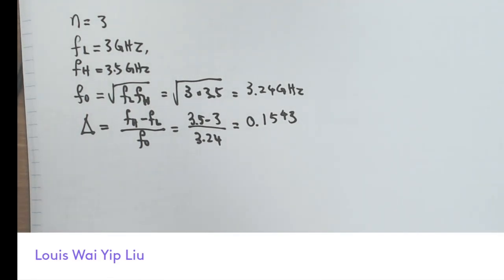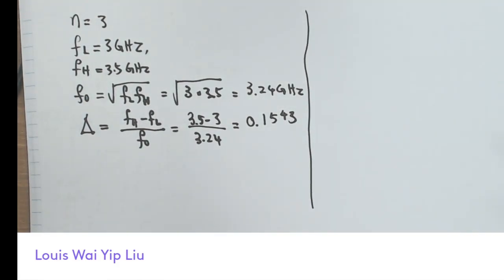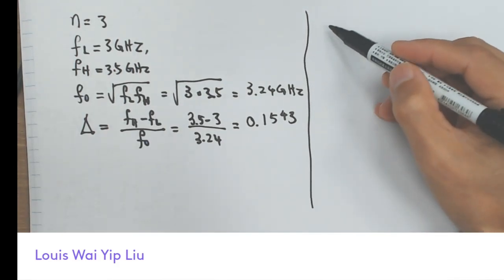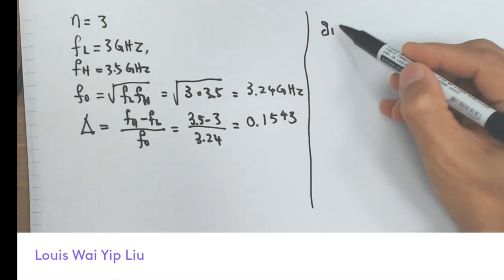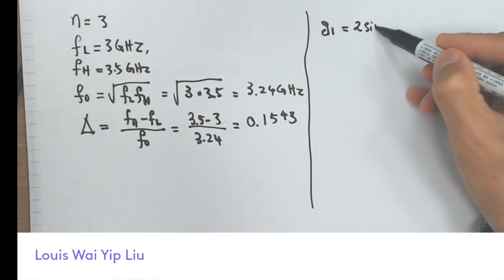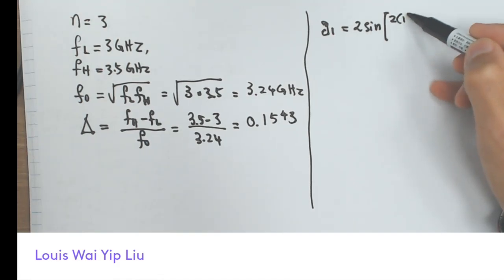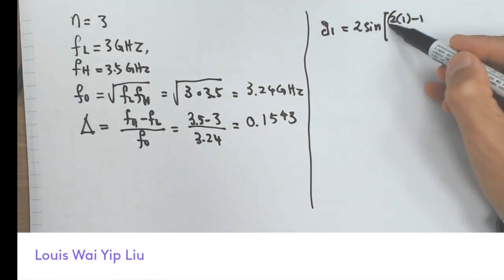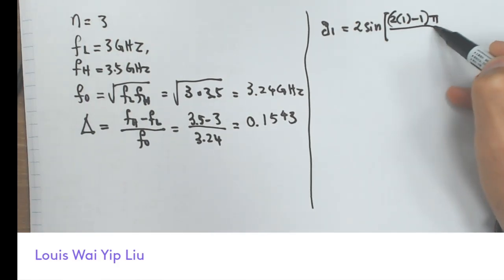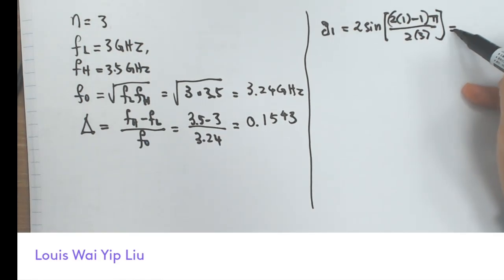You can work it out for me in here. g1 is equal to 2 sine of (2·1 minus 1)π divided by 2n, and n is 3. So this will end me up with 1.